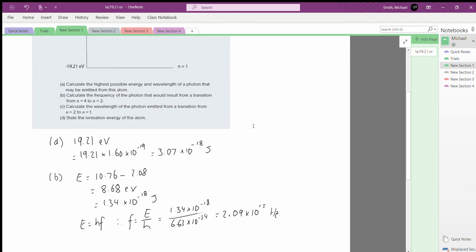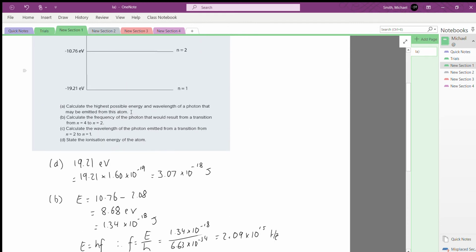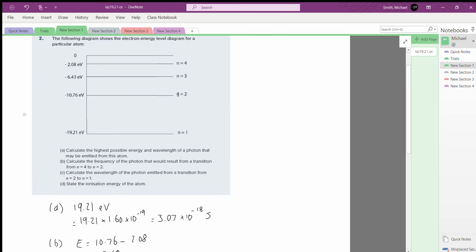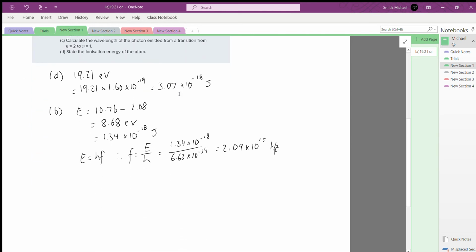So that's fairly straightforward. Part C, we're determining the wavelength of a photon that's emitted when it transitions from n equals 2 to n equals 1. It's the similar sort of process to what we've just done.